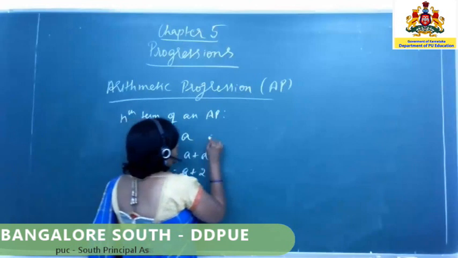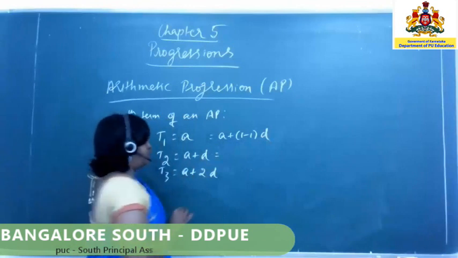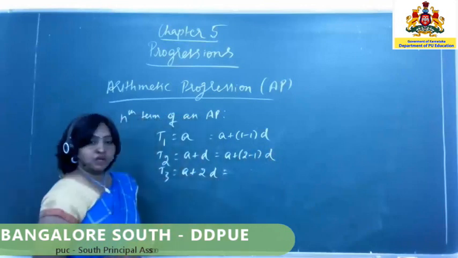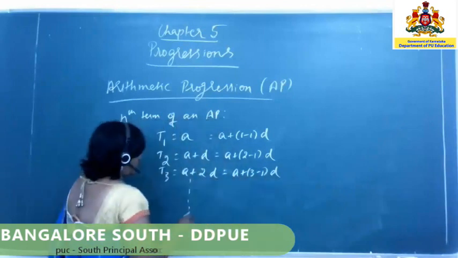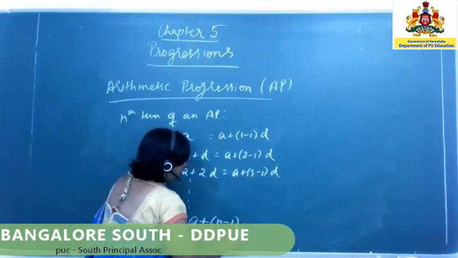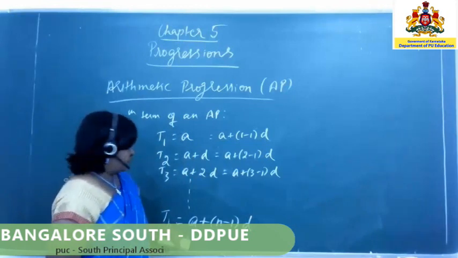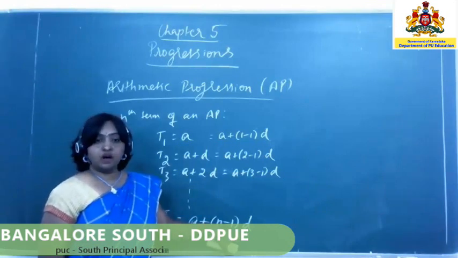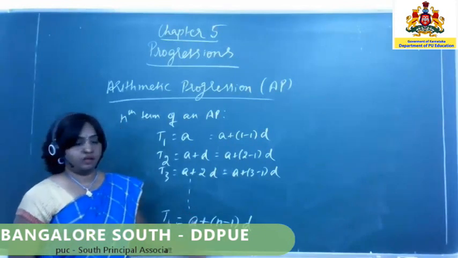This A, I will write as A plus 1 minus 1 into D. A plus D, I will write as A plus 2 minus 1 into D. A plus 2D, I'll write as A plus 3 minus 1 into D. So on up to Tn. The nth term is given as A plus n minus 1 into D. Here Tn is the nth term, A is the first term, n is the number of terms, and D is the common difference. So Tn is given as A plus n minus 1 into D.